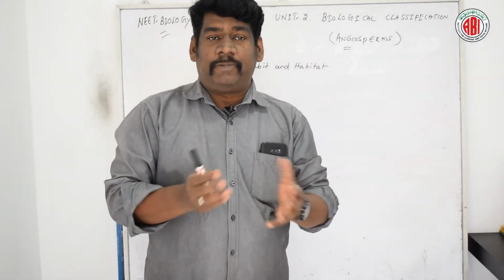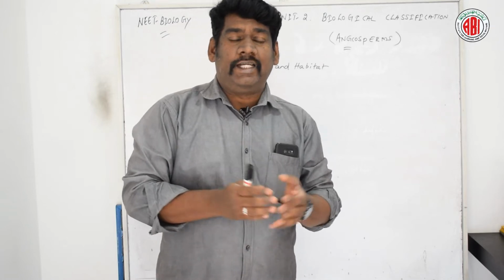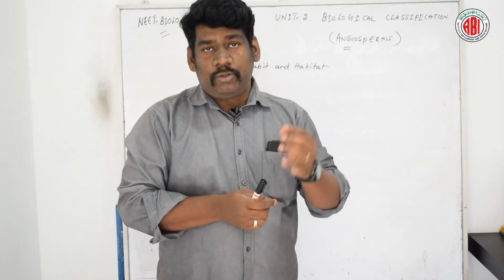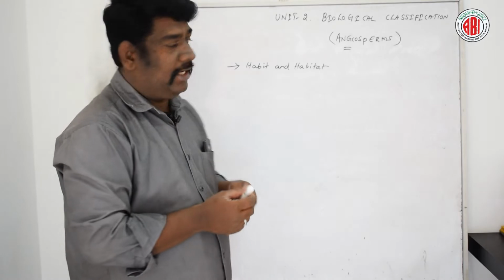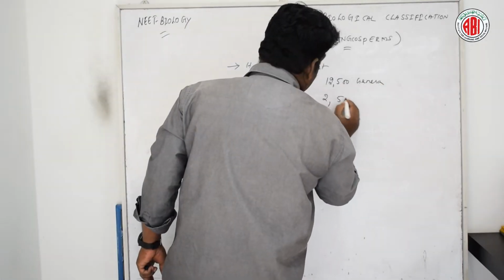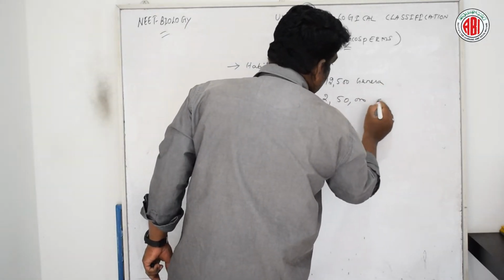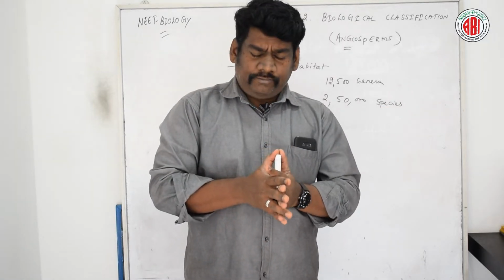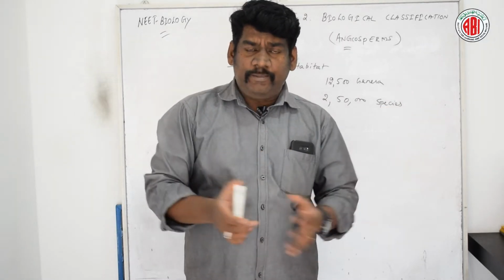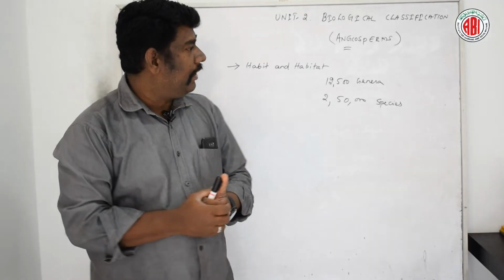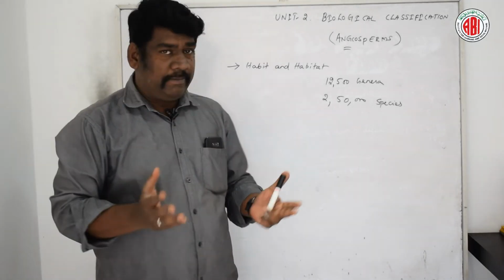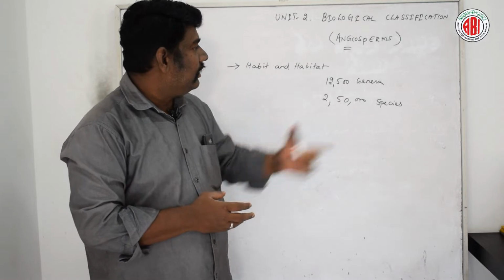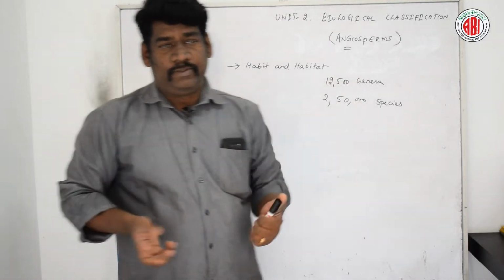Angiosperms have more than 12,500 genera and 250,000 species. So the most important and largest group of plant species is called the angiosperms.